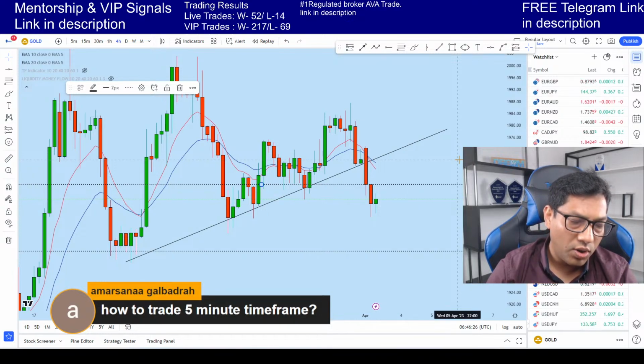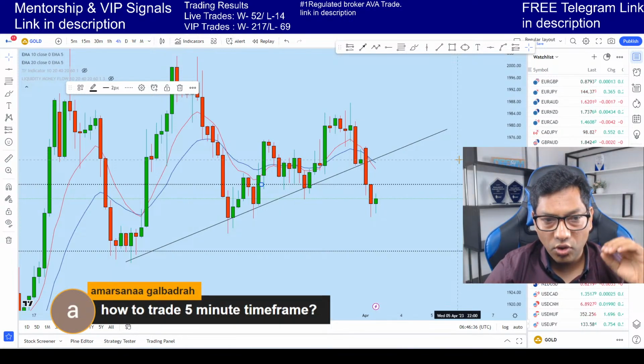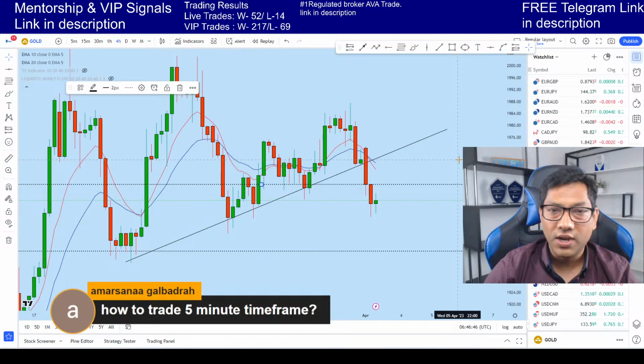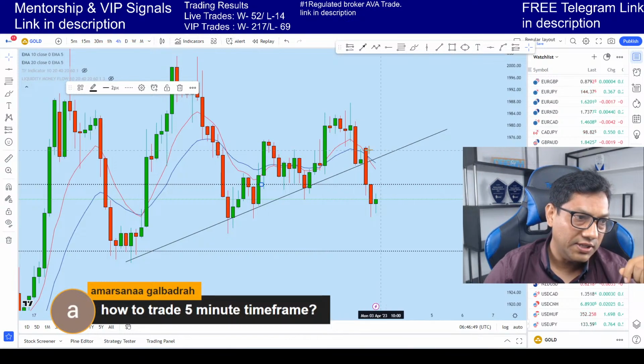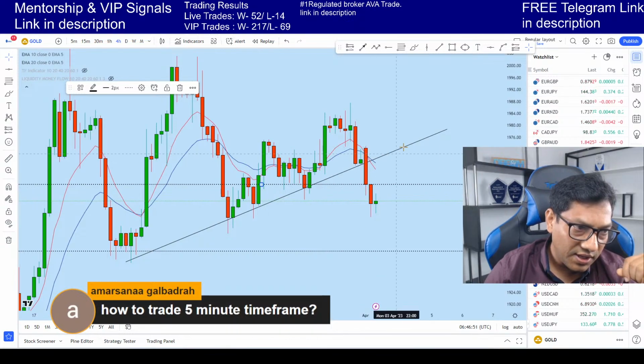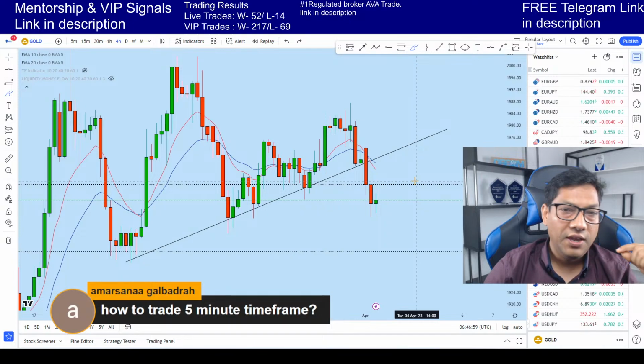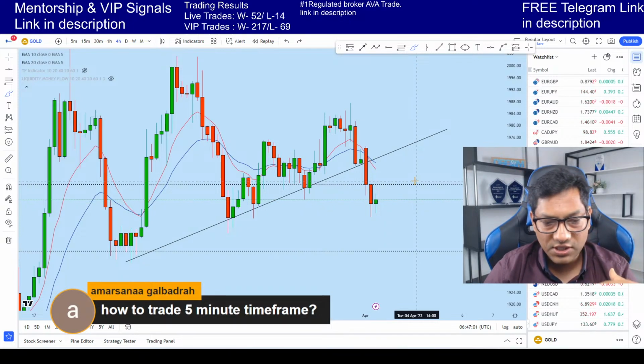For example, on the 4 hour, you found a sell signal, if you have a strategy, or a buy signal on the 4 hour, and then wait for the price to go to a zone according to the 4 hour candle, and then wait for a lower time frame entry on the 5 minutes. For example, let's say this is a bearish candle, you found a sell here, wait for the price to go ahead and test this level, and on the 5 minutes, find an entry in an important area of value. So this is the best way I trade.